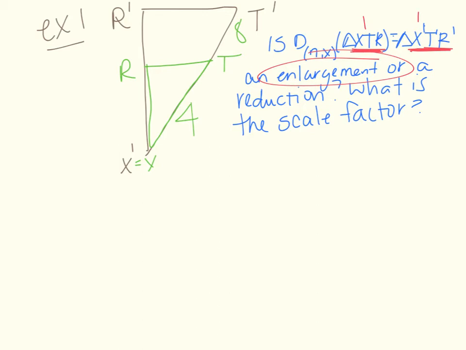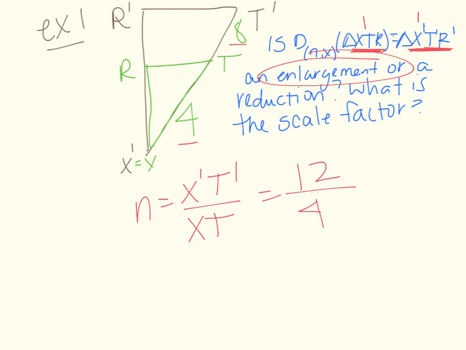So when you do your scale factor, you're always going to do the image length, which is the largest one. The image length is 4 plus 8, X prime T prime over XT. The image length is 12, and the pre-image length is 4. And so our scale factor is going to be 3.